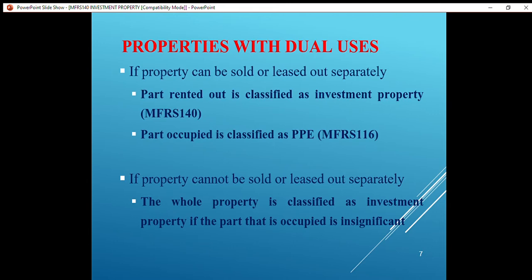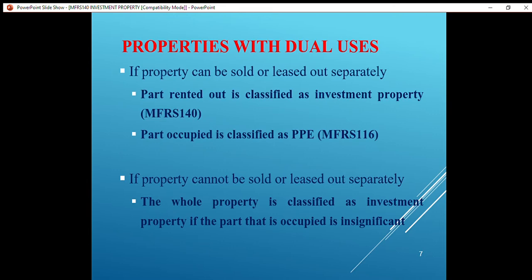Usually if it is below 30%, it can be considered as insignificant. So if the owner occupies only 20% of the total portion of the building, it can be considered as insignificant. Therefore, the whole building can be classified as NIP.